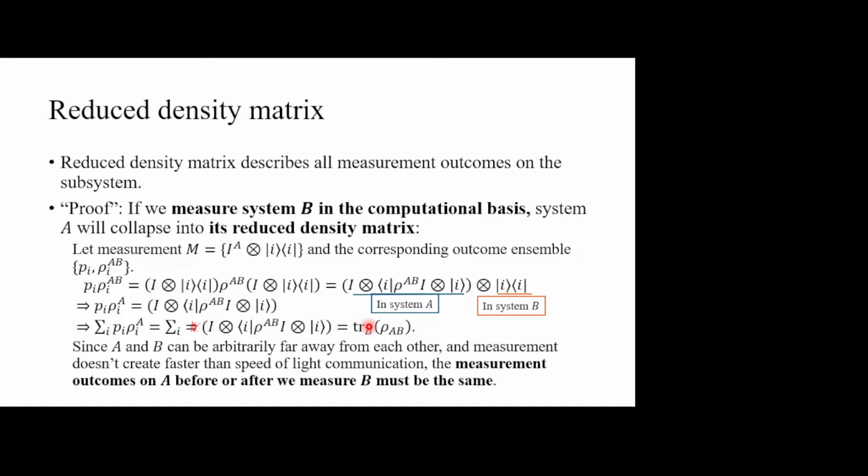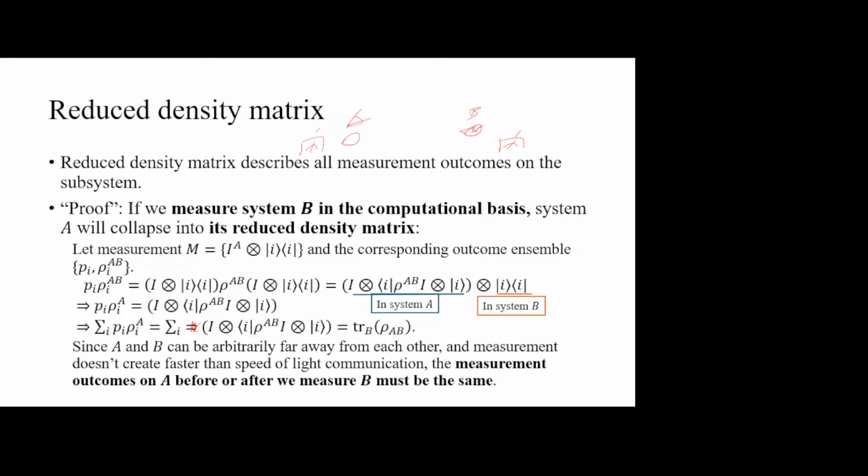And the physical intuition is that A and B can be really far away from each other, and so B doing a measurement on her part or his part shouldn't affect A doing a measurement.